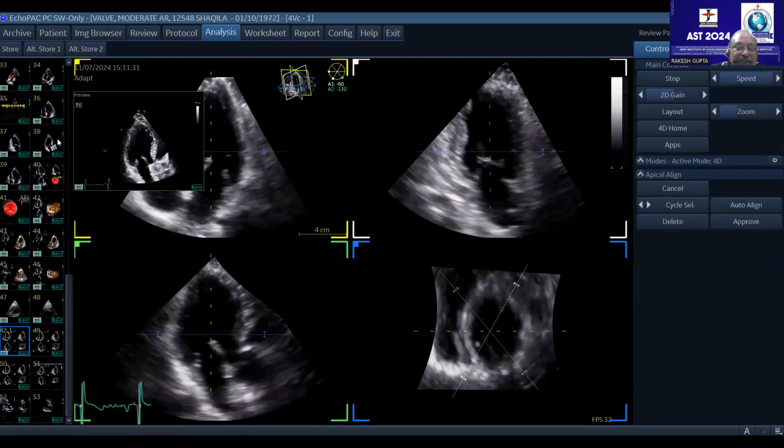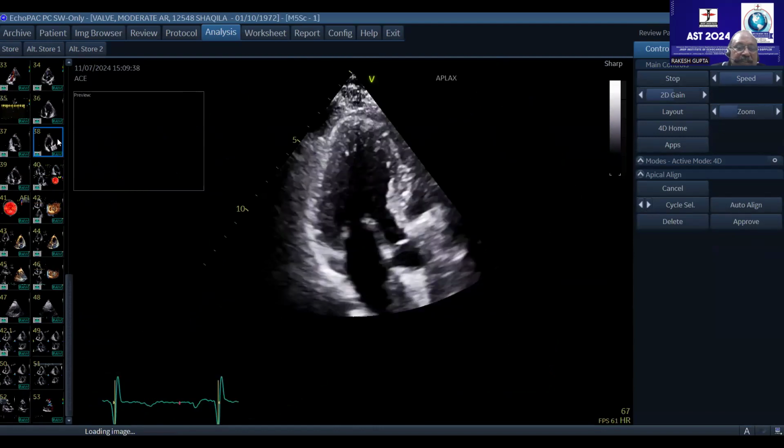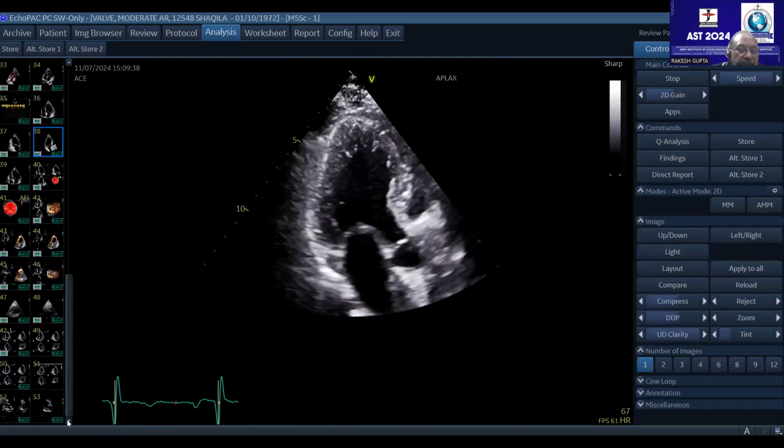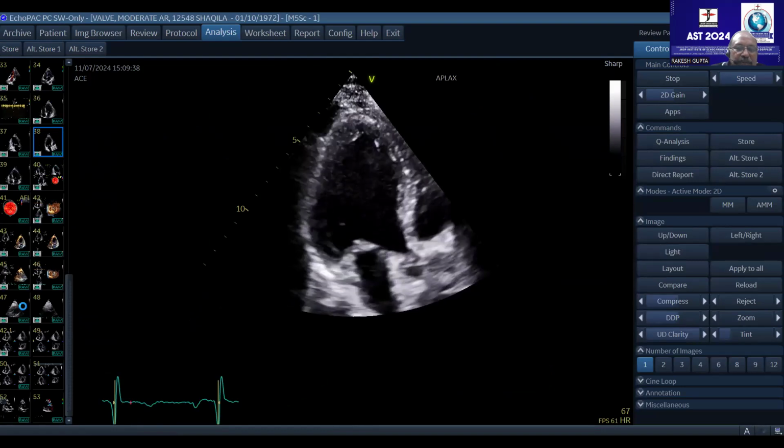But that is not the place where we look for holodiastolic. We look at the holodiastolic in descending aorta or abdominal aorta. That's what I'm trying to look. Give me a second.